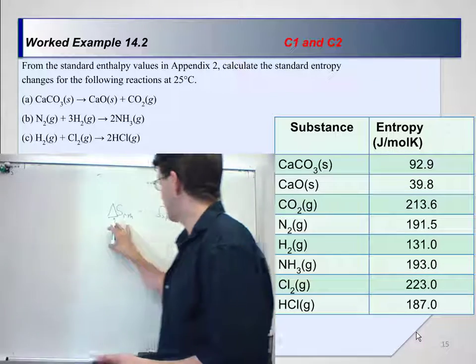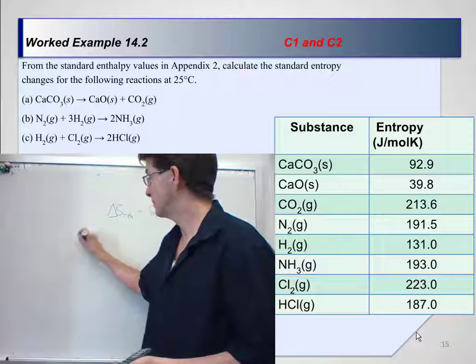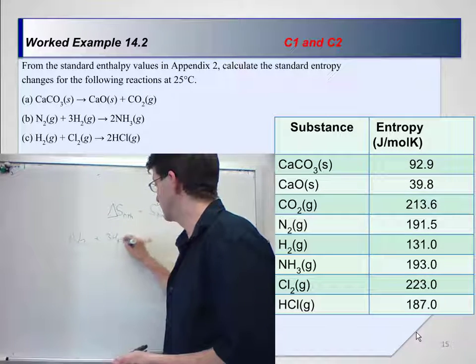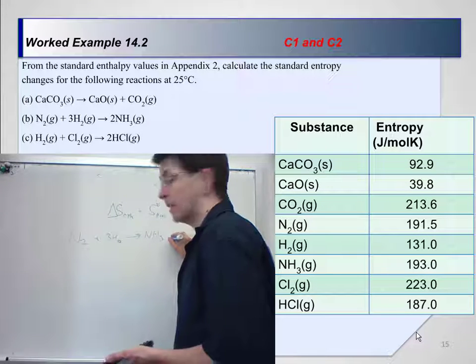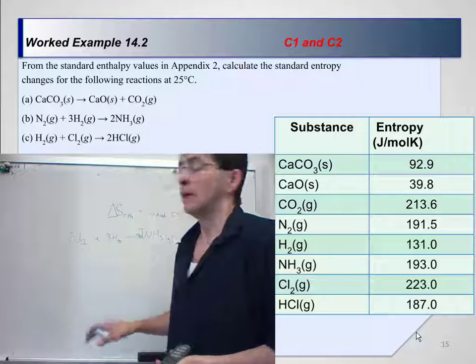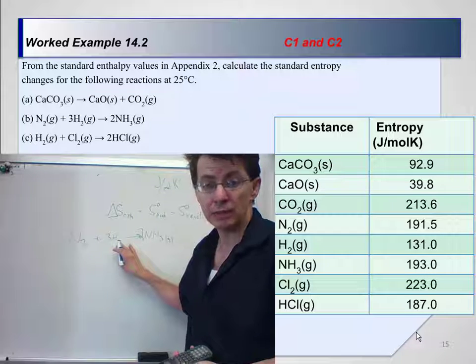And so the same idea of products minus reactants, we have our ammonia, N2 plus 3H2 going to NH3 gas. The only difference is this time we have to take into account the stoichiometry.